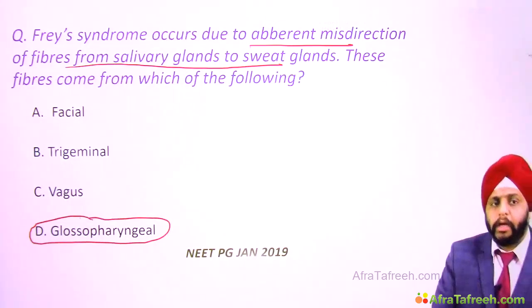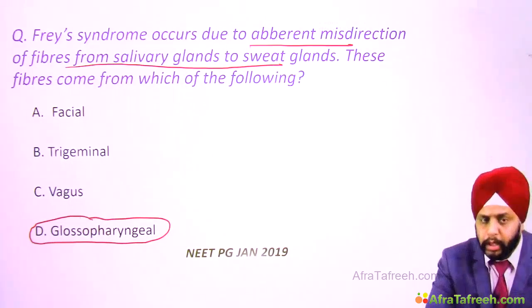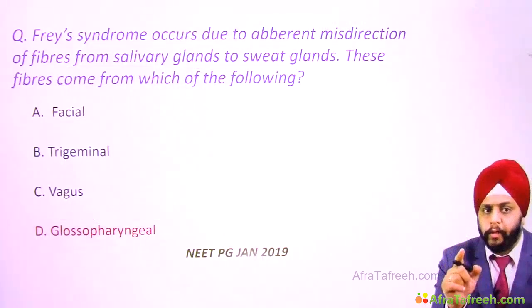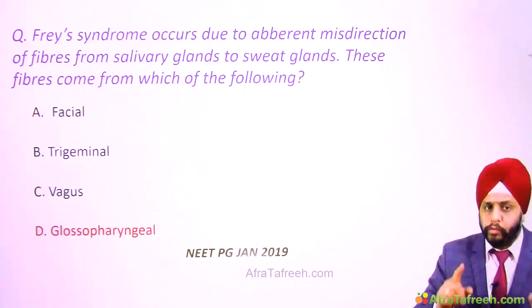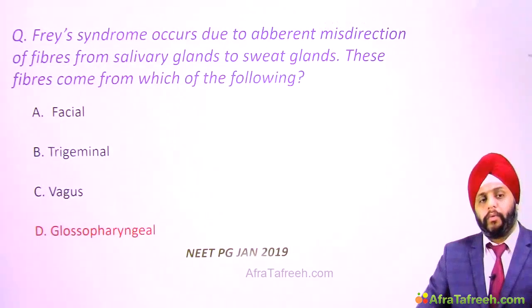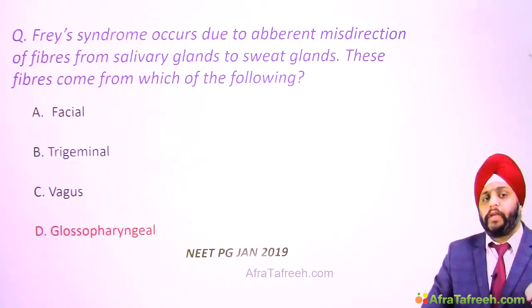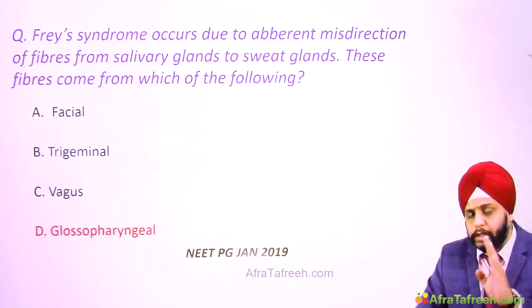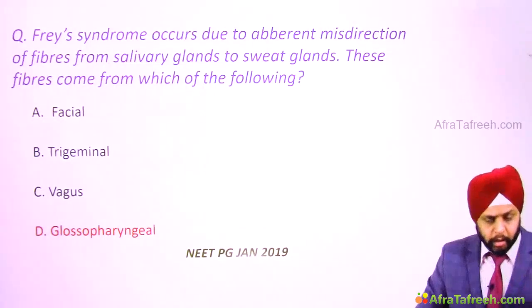So that is our answer to this question. These fibers come from the glossopharyngeal nerve. So you have seen there are two questions. Which nerve damage? Answer is auriculotemporal nerve. Now this nerve is carrying the fibers of which cranial nerve? Glossopharyngeal nerve. Okay, got it?